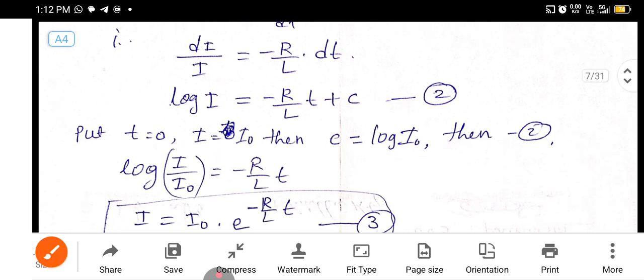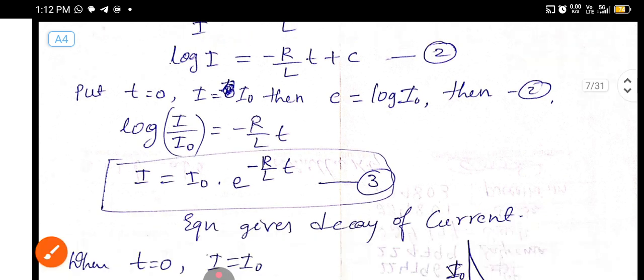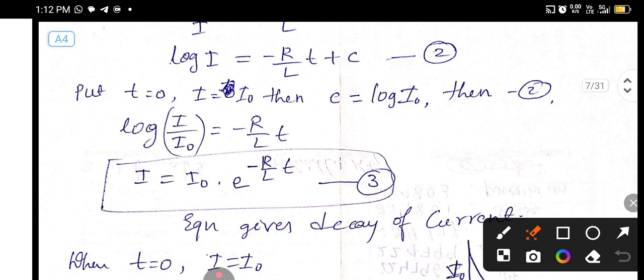For the calculation of the constant c, we put time t equal to 0, and then the current I is I0, because the circuit is already charged to the highest level, that is the maximum current, and then it starts to discharge. So c gets the value log I0 when t tends to 0.